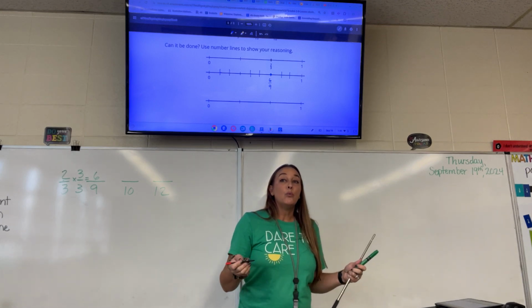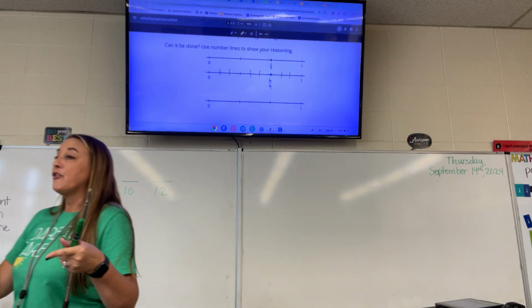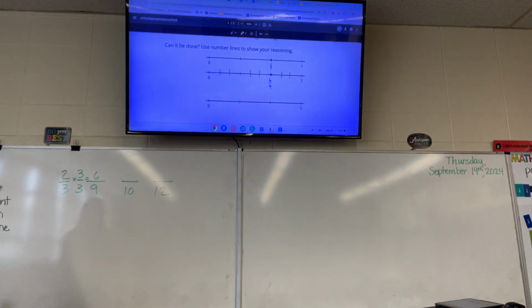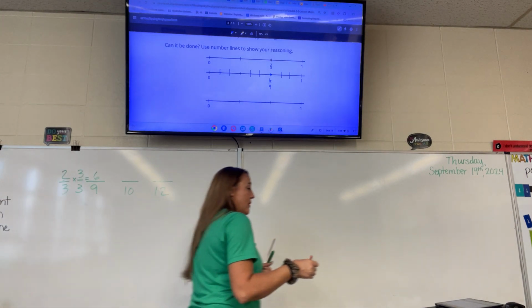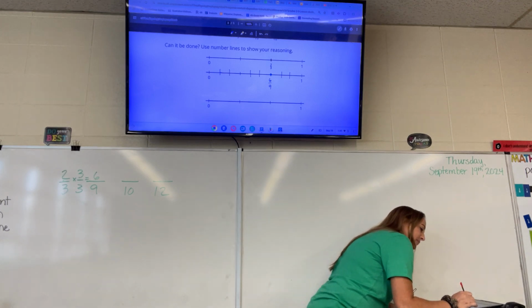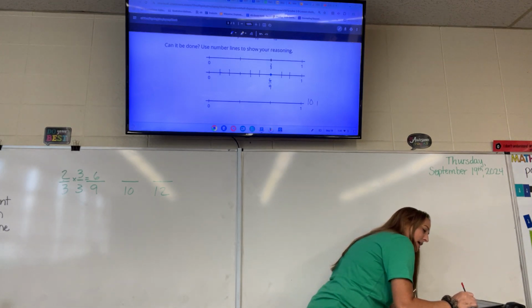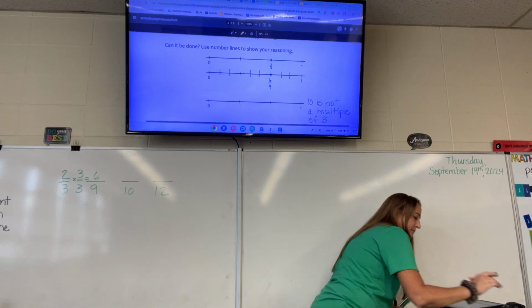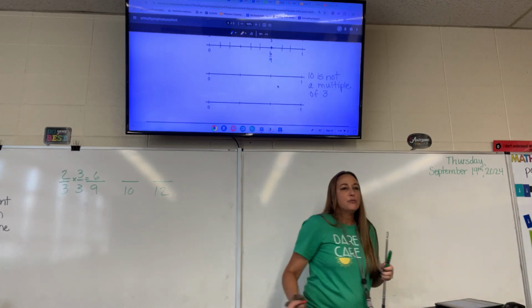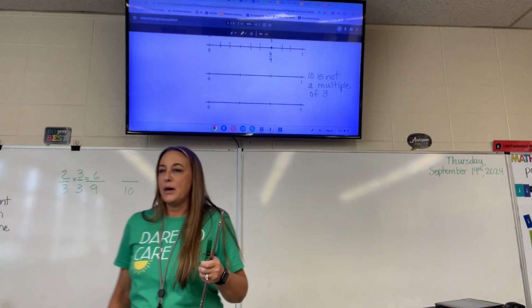So 10 won't work. She cannot make a fraction that is equivalent to 2/3 that has a 10 on the bottom. 10 is not a multiple of 3. And that is why she can't make a fraction equivalent to 2/3 that has a 10 on the bottom.